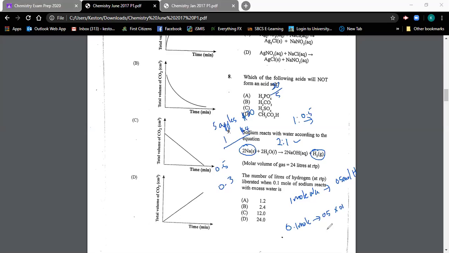So 0.1 by 0.5. What are we getting there? 0.1 by 0.5 is 0.05.